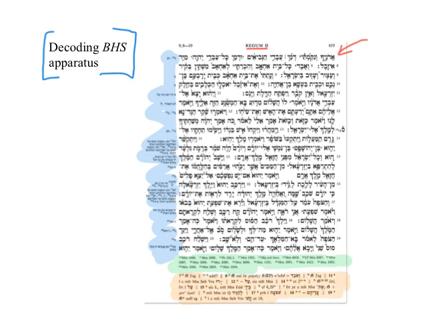This is the critical apparatus, where the modern editor of the BHS includes variations or suggestions for alternate readings. Whenever the editor believes that there is either a mistake, or if there are ancient witnesses or the like to an alternate reading, the editor explains things to the reader.